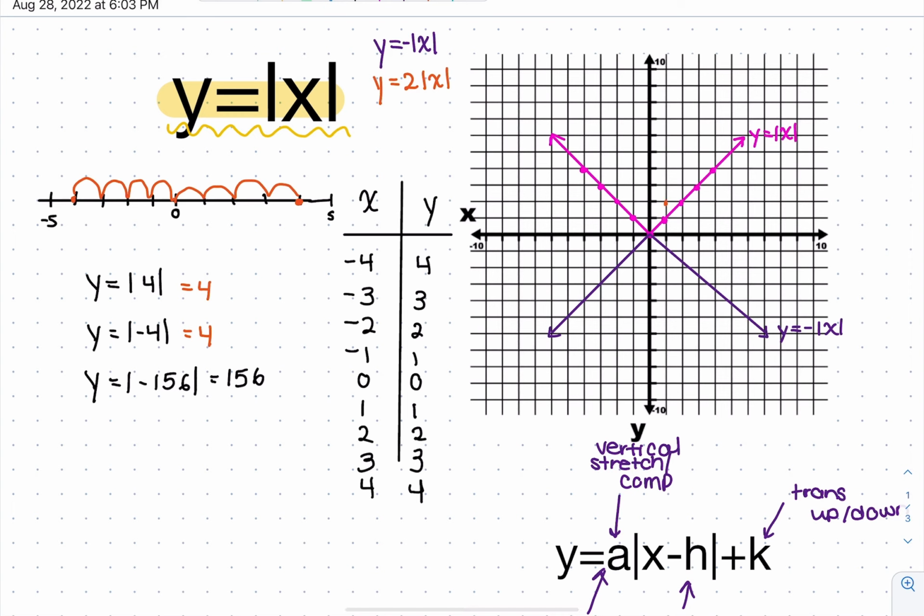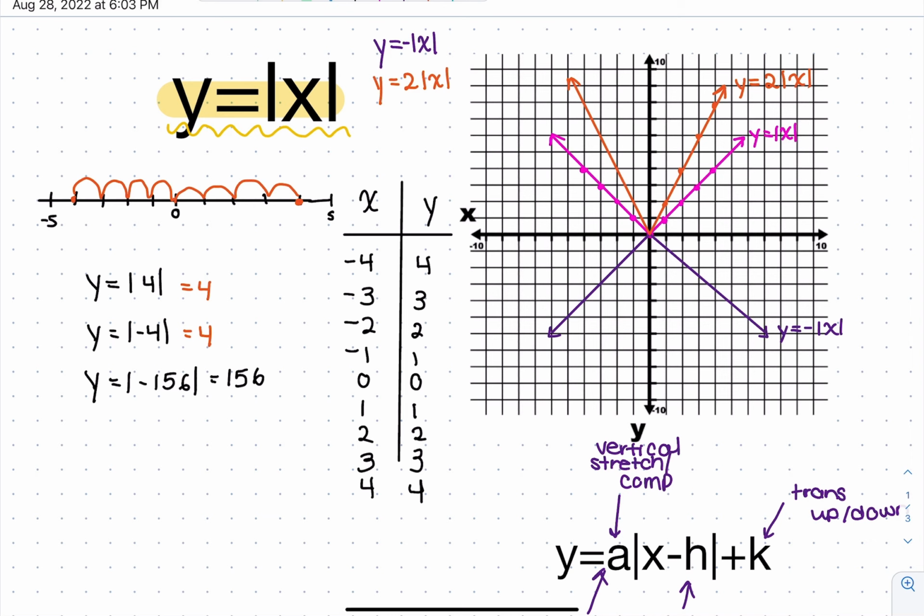So over 1, up 2, over 2, up 4, just like this. You can see that in the y direction it has been stretched. So this is y equals 2 absolute value of x.